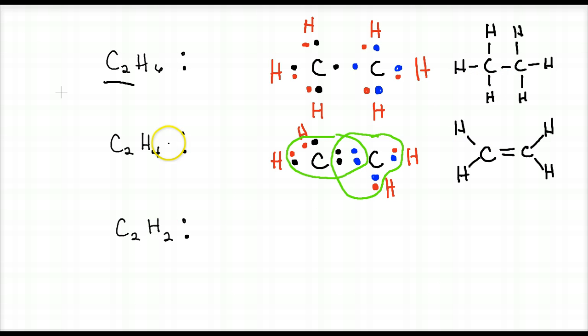Okay, C2H2, if you notice something, as I'm adding less H's, I'm making more bonds in between. Remember, this is one pair, this is two pairs. Two pairs is two bonds. Okay, in organic chemistry, we're going to call this an alkane. Going to call this an alkene.